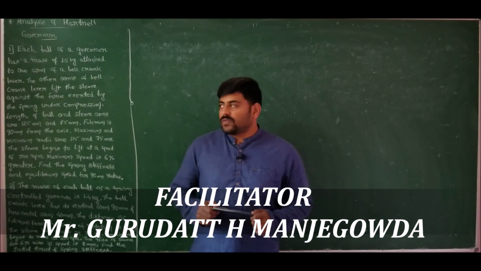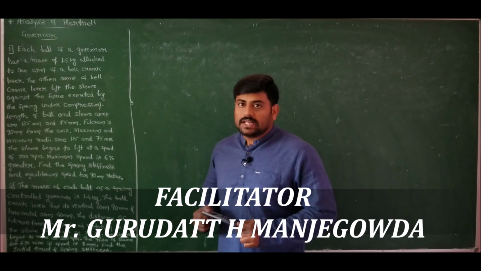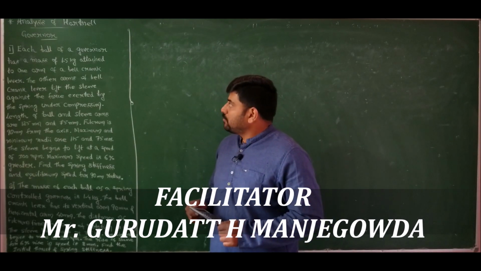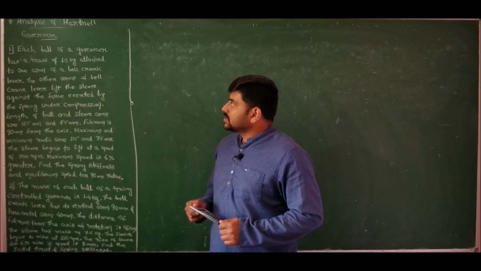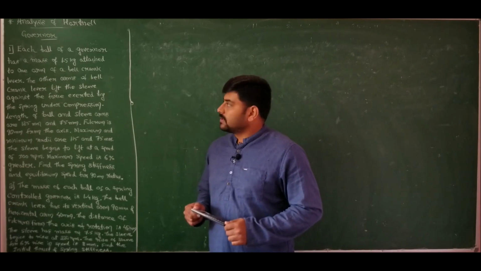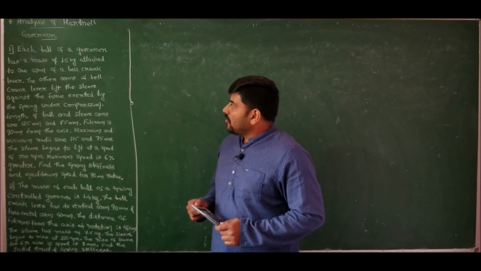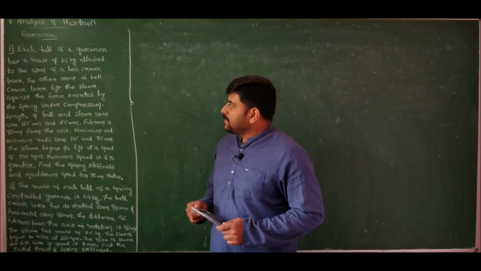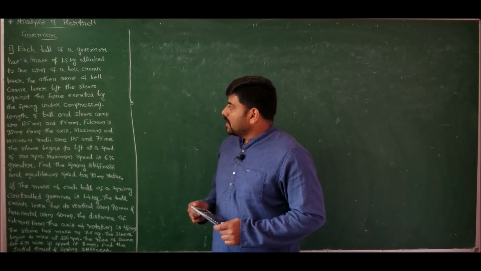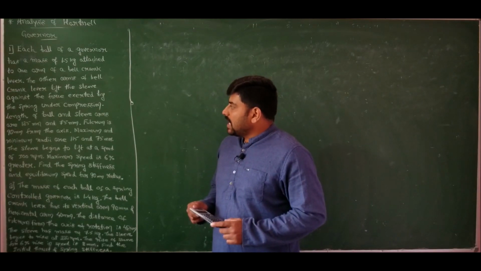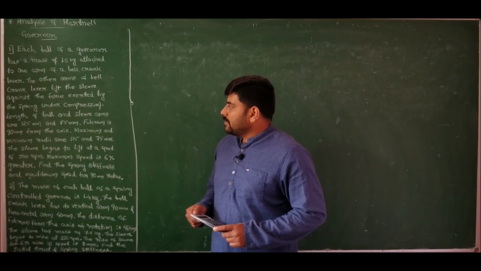Problem number 1 of our discussion on Hartnell governor states that each ball of a governor has a mass of 1.5 kg, attached to one arm of the bell crank lever. The other arm of the bell crank lever lifts the sleeve against the force exerted by the spring under compression. Lengths of ball and sleeve arms are 125 mm and 75 mm.